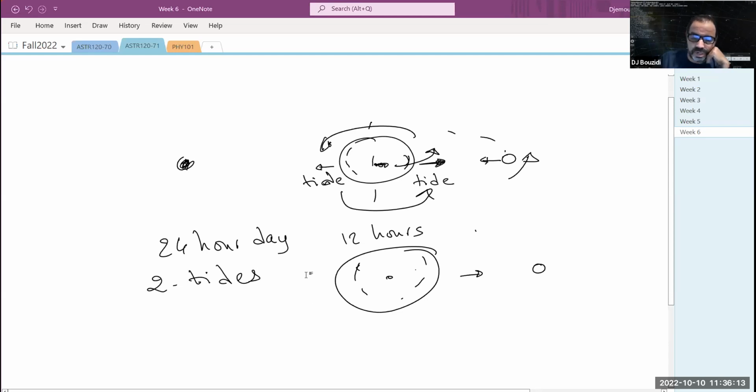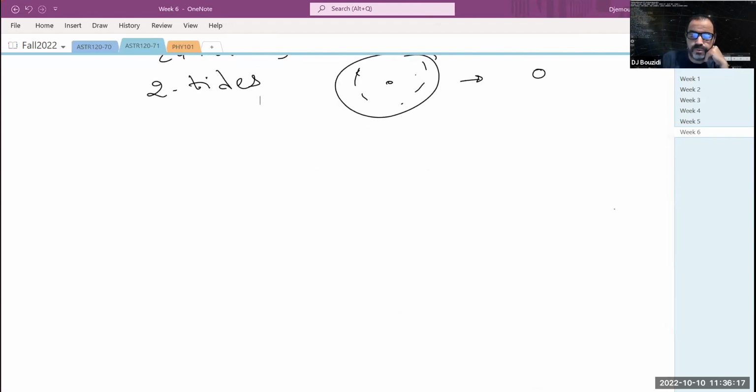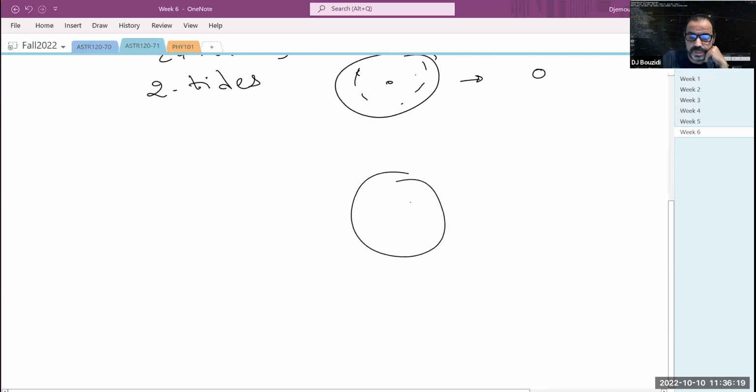Now, tides are not just caused by the moon, they're caused by the sun also. During a full moon, for example, or new moon for that matter. So during a full moon, here is the sun. The sun is very, very far away from the Earth, relatively speaking, compared to the moon, okay? But it's bigger, so it has a little bit of effect, but not that much.